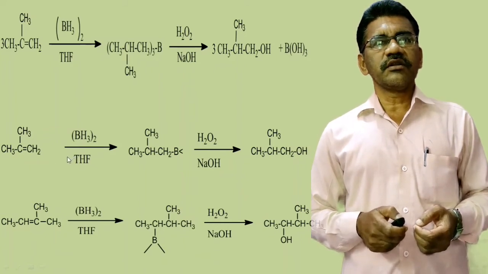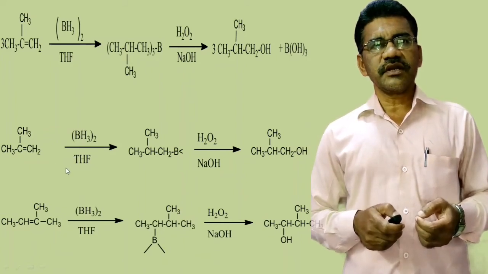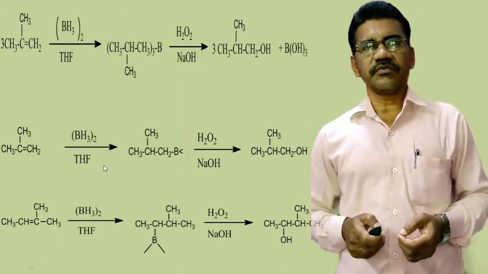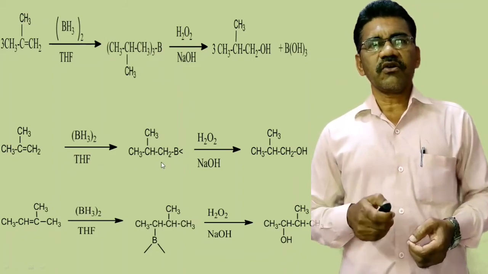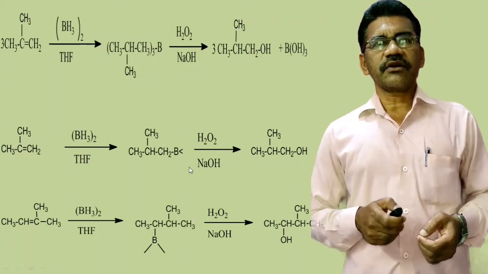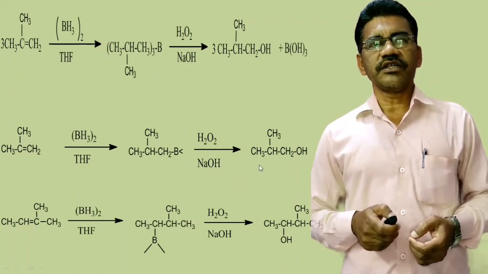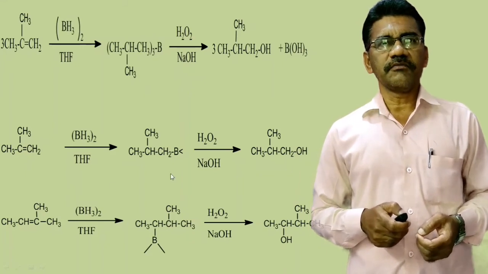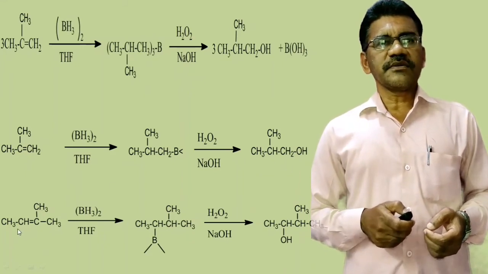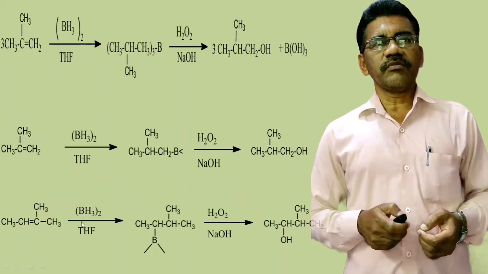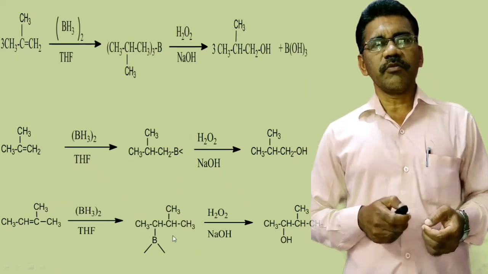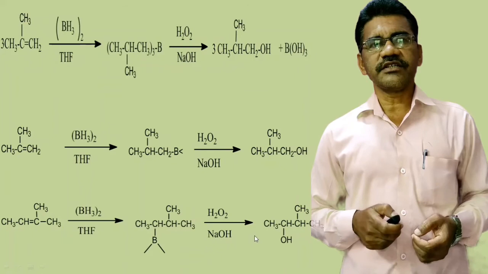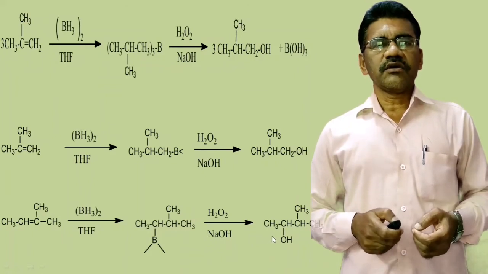Here with BH3 in presence of THF to produce the boron complex, and then it reacts with H2O2 in presence of NaOH. Oxidation takes place to produce 2-methyl-1-propanol. Next example is a substituted alkene reacting with diborane to produce the boron complex, and then oxidized to produce the alcohol.